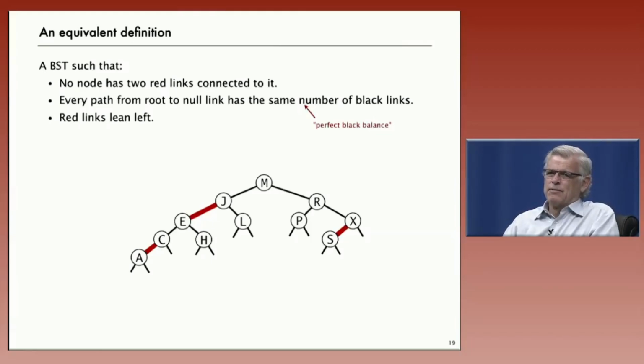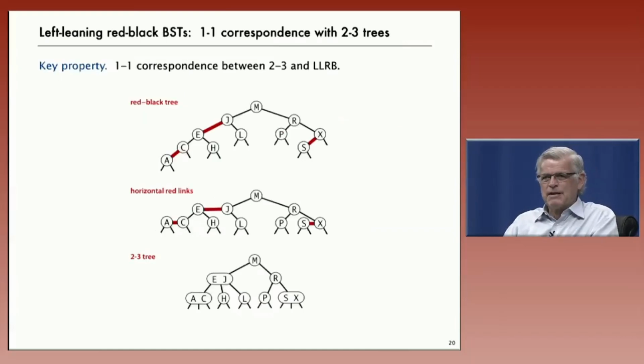Every path from the root down to a null link has the same number of black links. That just follows directly from the corresponding property for 2-3 trees. A left-leaning red-black BST has perfect black balance. And all the red links lean left. So given a BST with some of the links colored red that has those properties, that's going to correspond to a 2-3 tree.